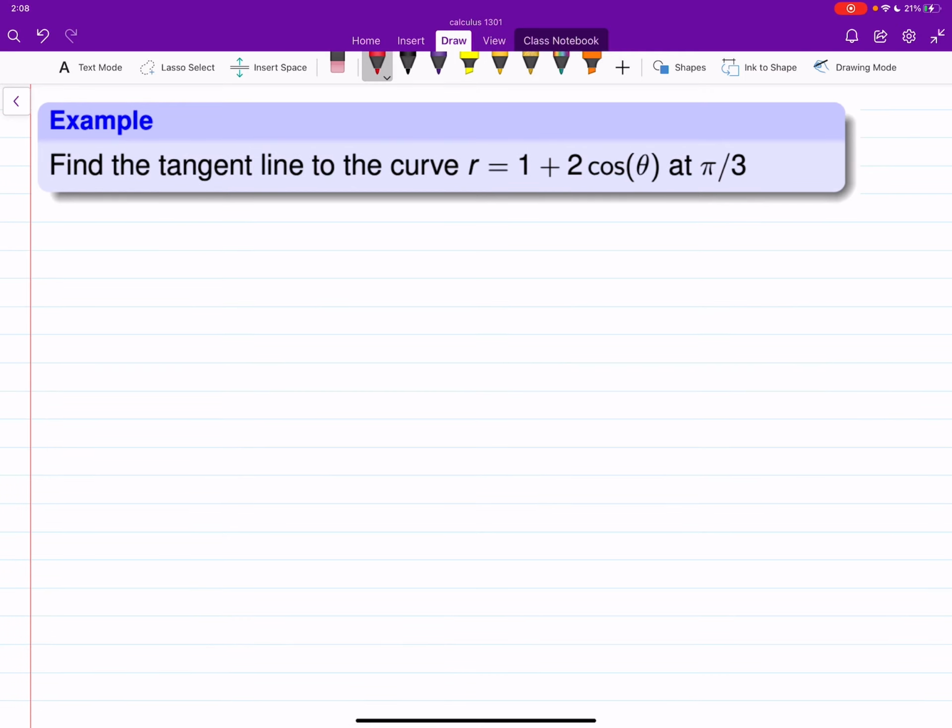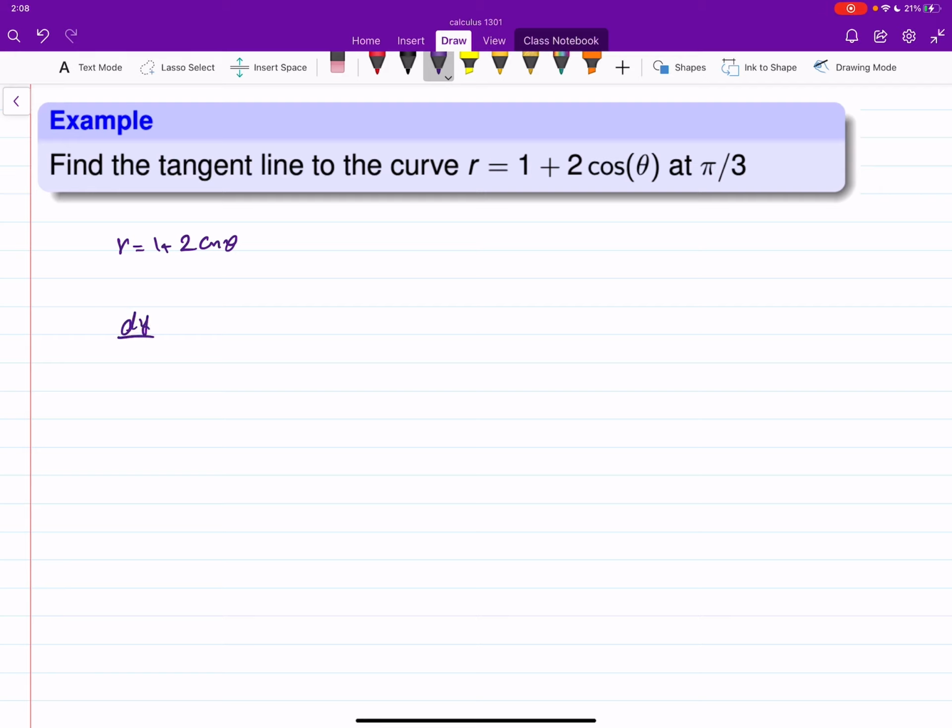Tangent line to the curve, this one. So r is 1 plus 2 cosine theta. And then we are looking for the slope, yes? I can use the formula we just wrote down.